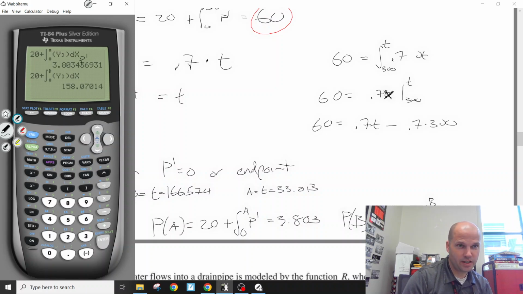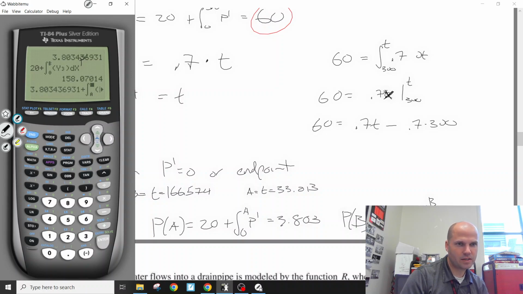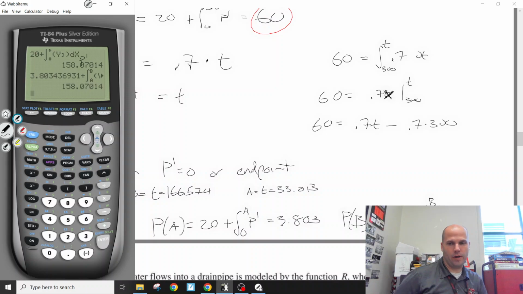So let me try that again. Here is P of A. And then I'm adding the integral from A to B of y3. What did I mess up? I don't know what I did. I did something wrong. My bad. All right, good. We get that same number two different ways.